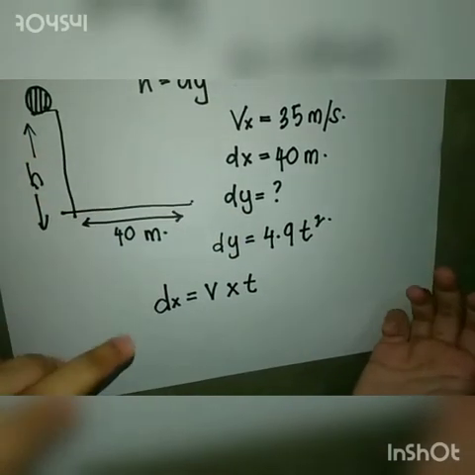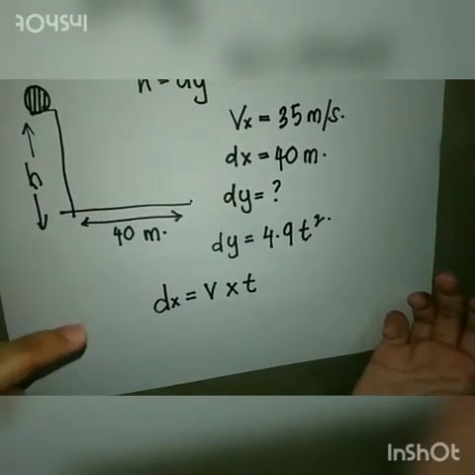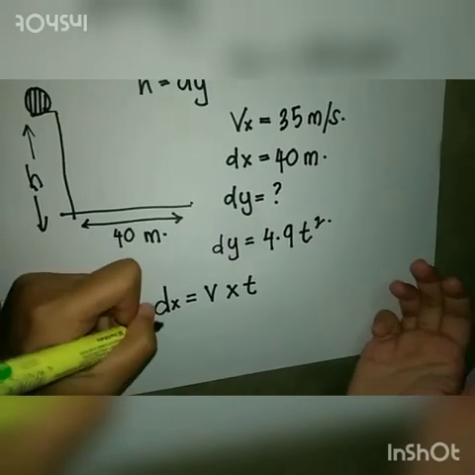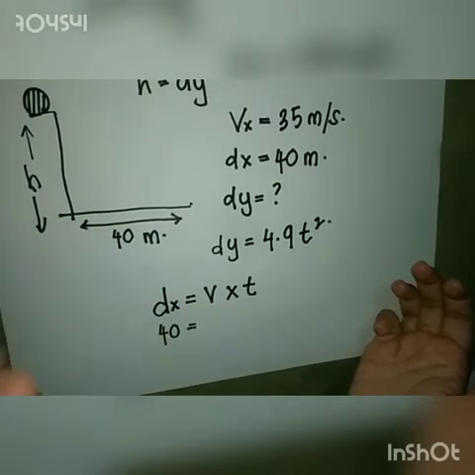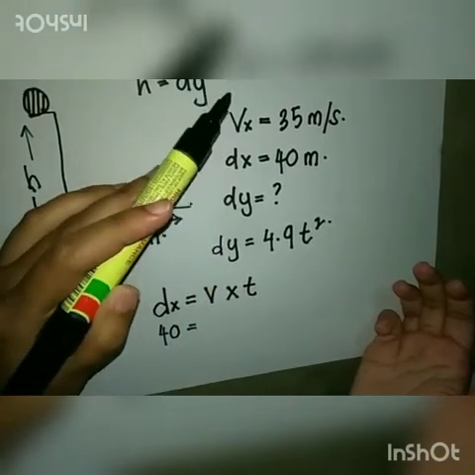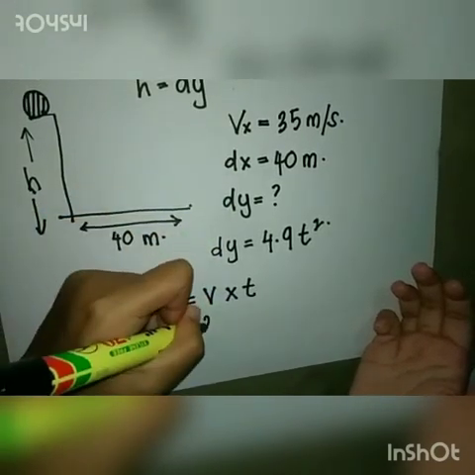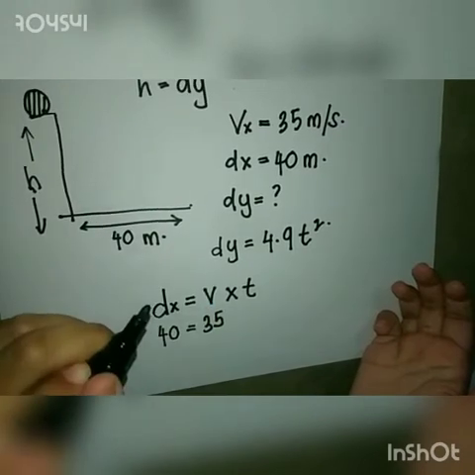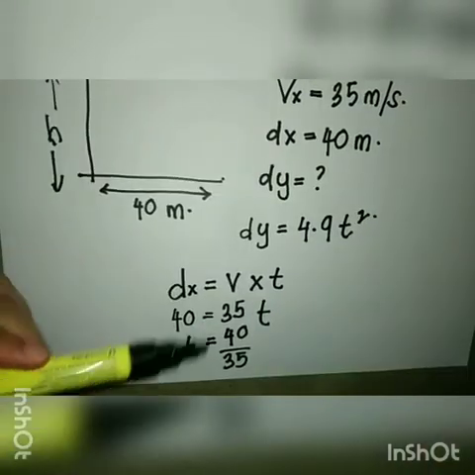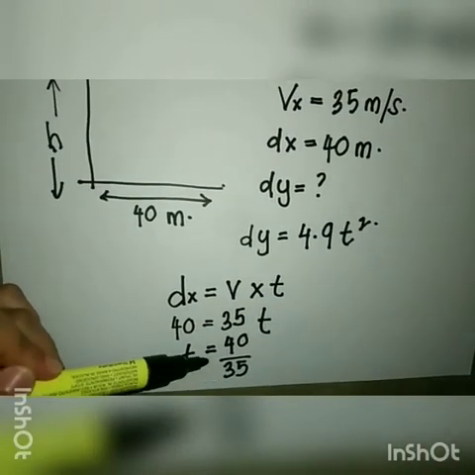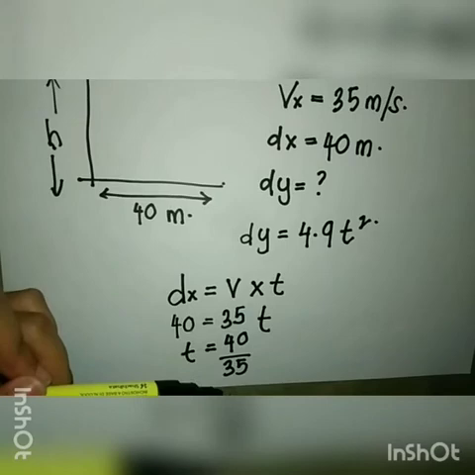We know that the displacement of component x is 40. So 40 equals speed of component x, 35, multiplied by t, which we want to know. So t is equal to 40 over 35.